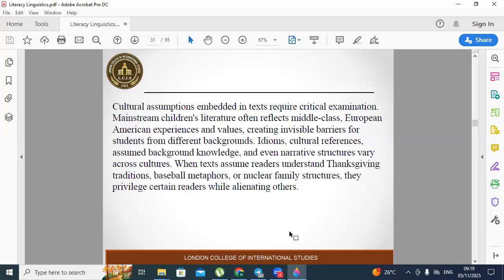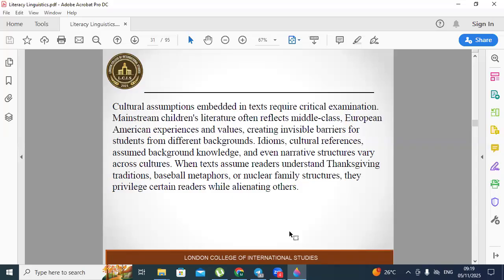Second, we can explicitly teach cultural references and background knowledge when introducing texts, before reading. We might review key concepts, cultural practices, or historical contexts necessary for comprehension.